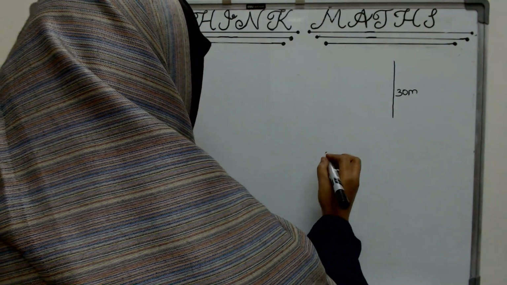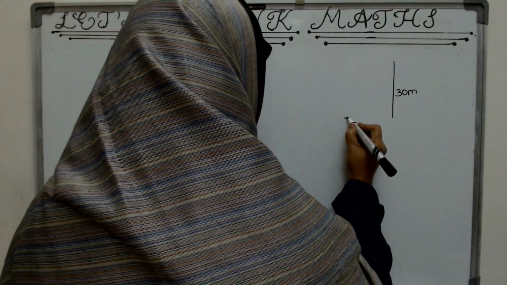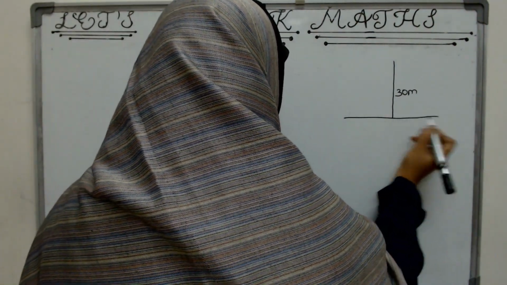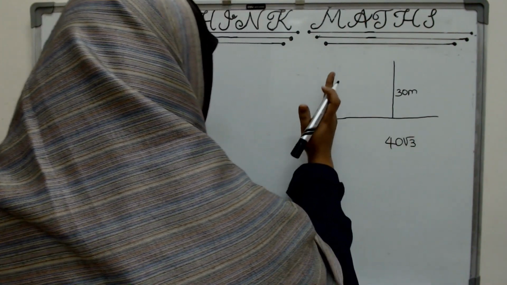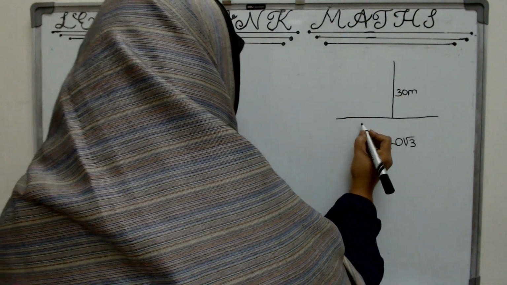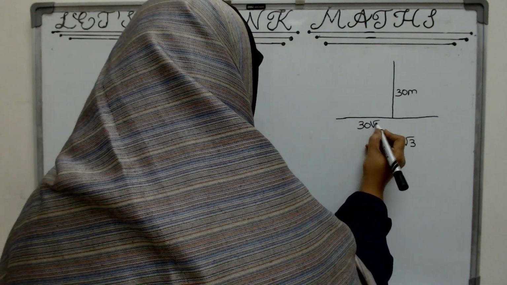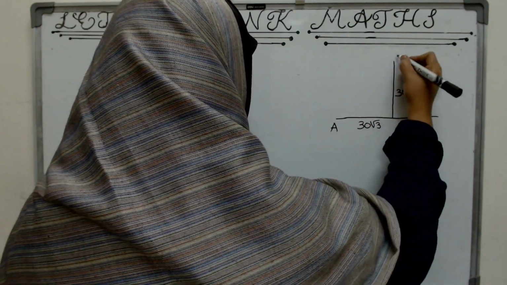either side of the temple in such a way that the distance between them is 40 root 3. And the distance of the first man to the temple is 30 root 3. Now let us name these points.